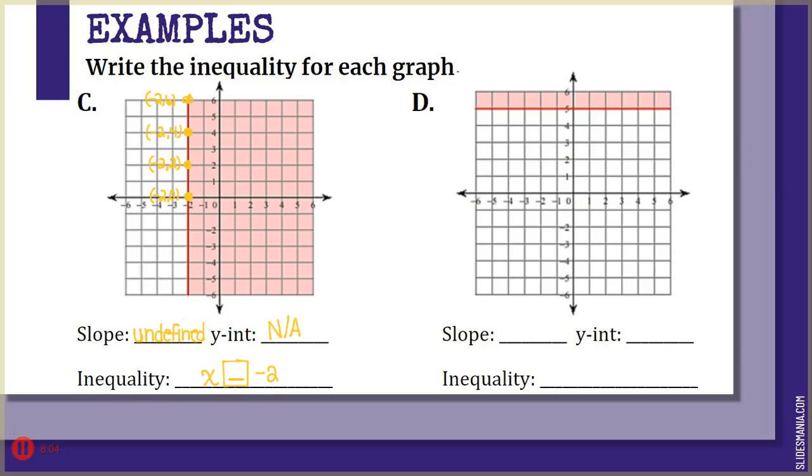And then I'm going to choose a test point. Good thing for us, 0, 0 is in our shaded region. So 0, 0 should make our inequality true. So my x value is 0. I don't have to worry about substituting in y. And I just have to ask, is 0 greater than or equal to negative 2 or less than or equal to negative 2? And 0 is definitely greater than or equal to negative 2.